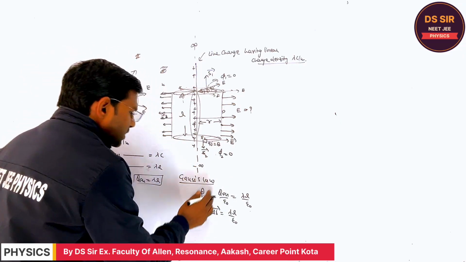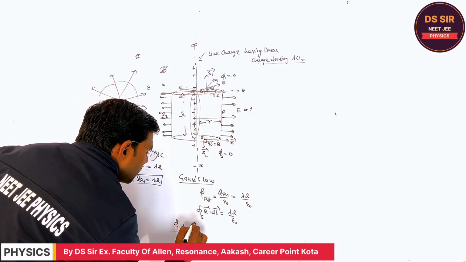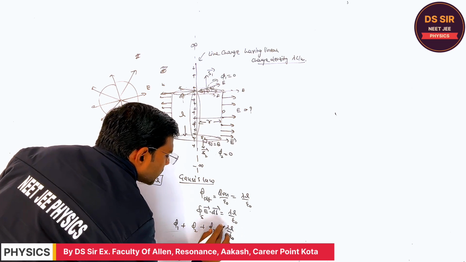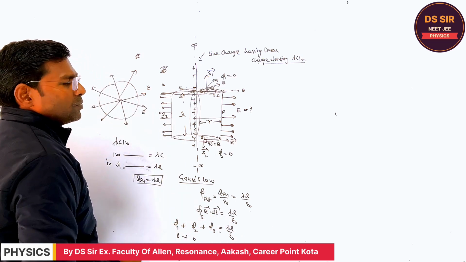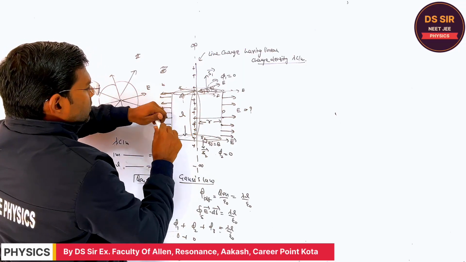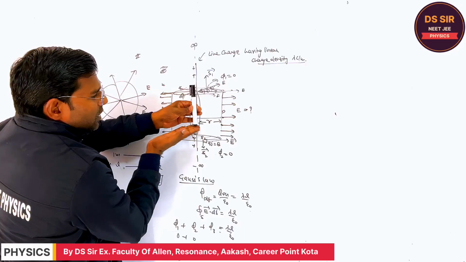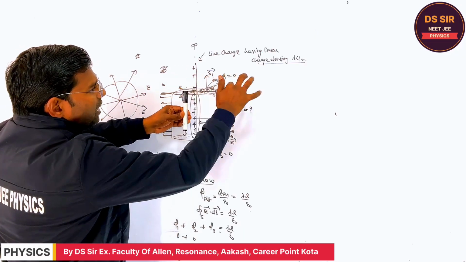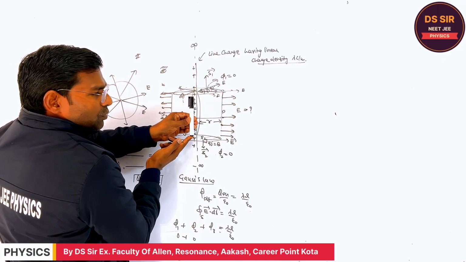So the total flux linked with this cylinder surface is phi 1 plus phi 2 plus phi 3 is equal to lambda L upon epsilon naught. So phi 1 and phi 2 are 0. Suppose this is the cylinder, this is the lateral surface, this is the cross section. Through this cross section, the electric field is parallel to the circle, so the flux is 0.